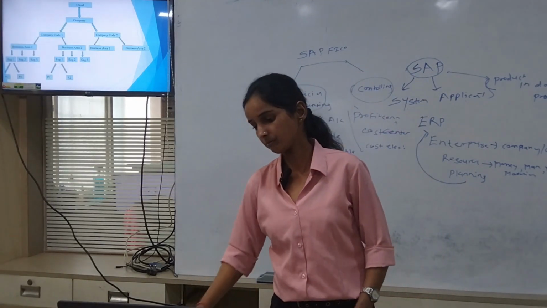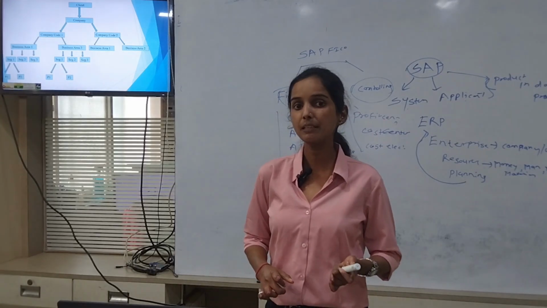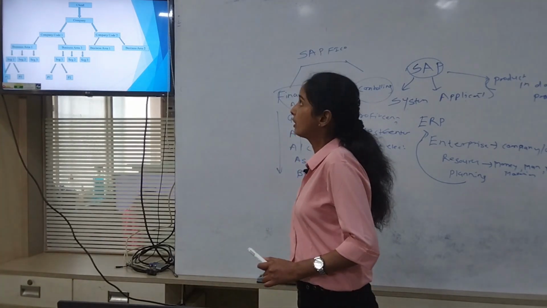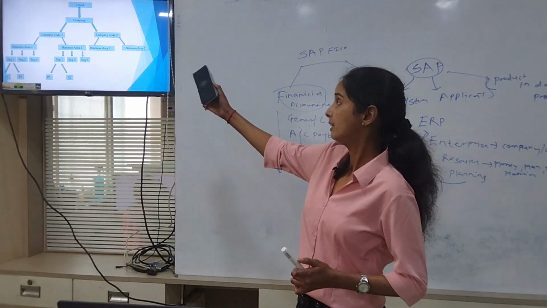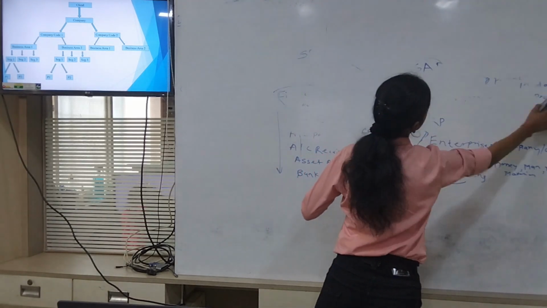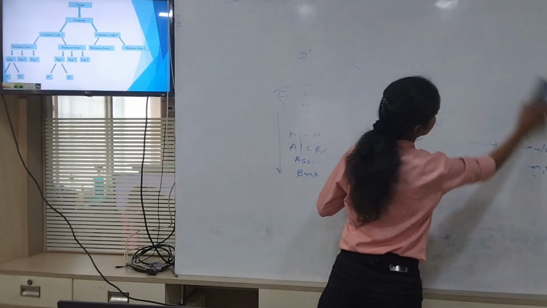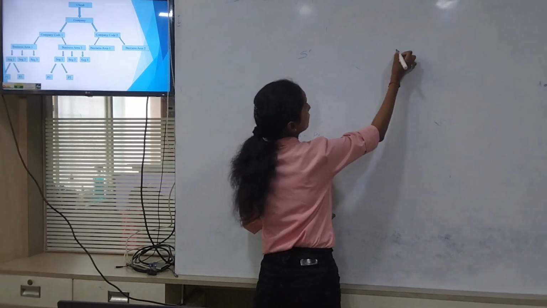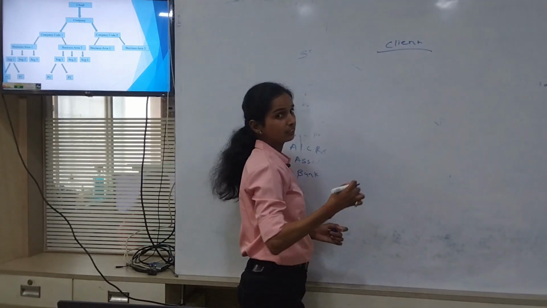Our first chapter is enterprise resource planning, that is, enterprise structure. We are going to cover it in steps. First of all, the client is the topmost organizational structure hierarchy.